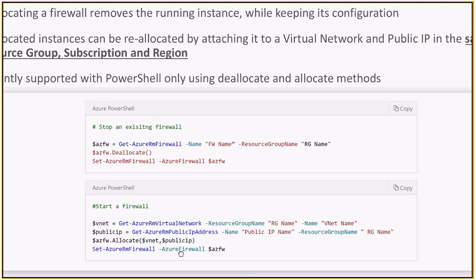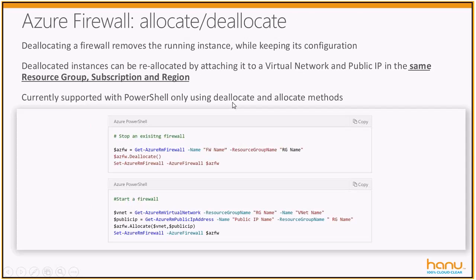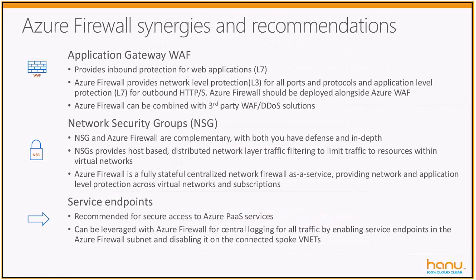Let's not go deeper into this. These are the things we have: web application firewall, network security groups, and service endpoints. What do we get in addition if we use Azure Firewall with all this?